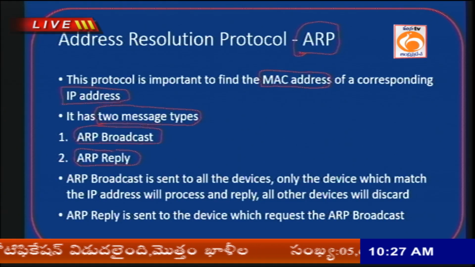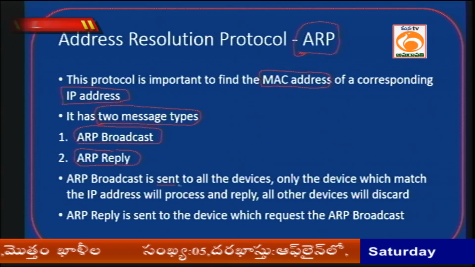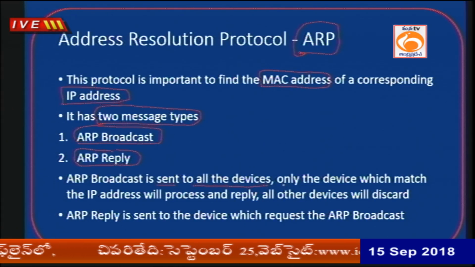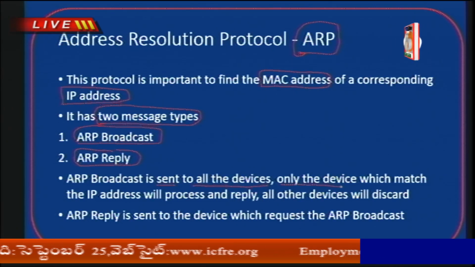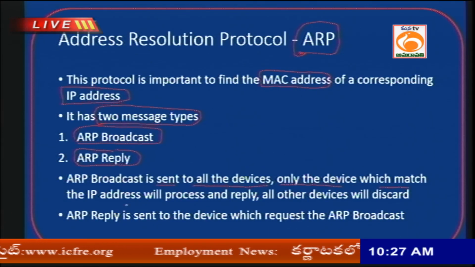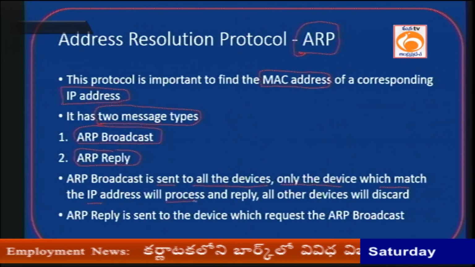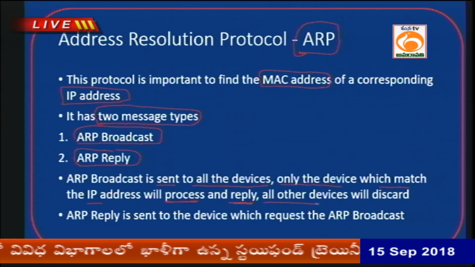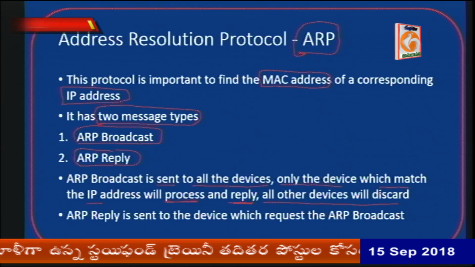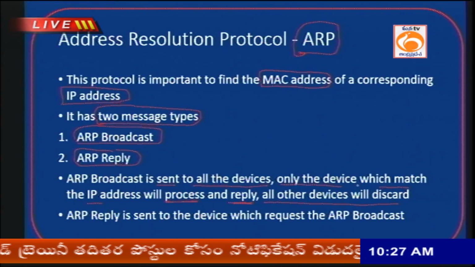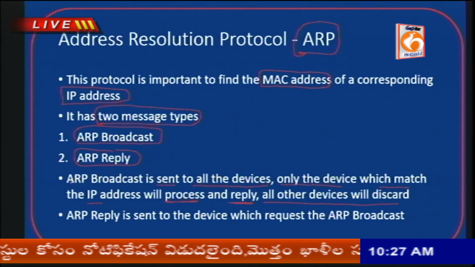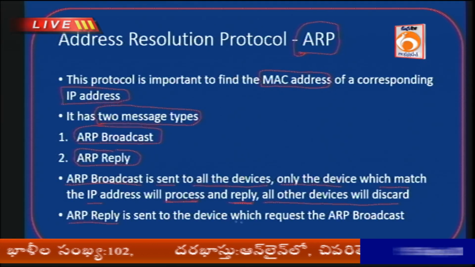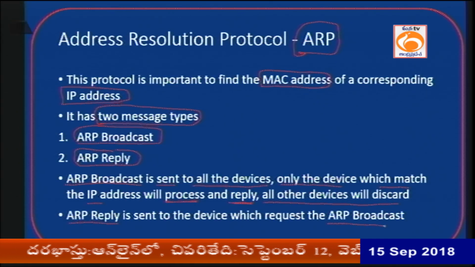The ARP broadcast is sent as a broadcast to all the computers or devices in the LAN, and then only the device to which the IP address matches will process the request and send a reply message, whereas all other devices which have received this broadcast will discard this message. The ARP reply is the message that comes from the corresponding PC back to the sender saying that this is my MAC address.